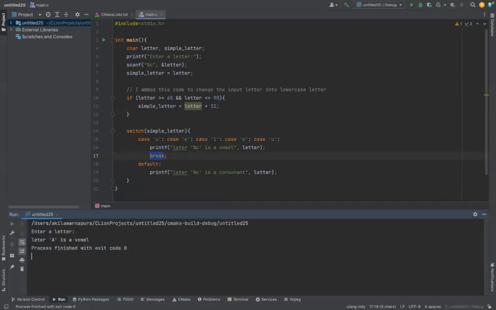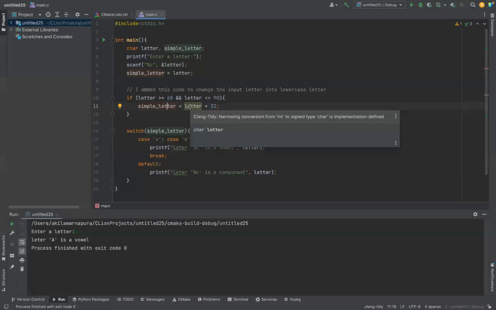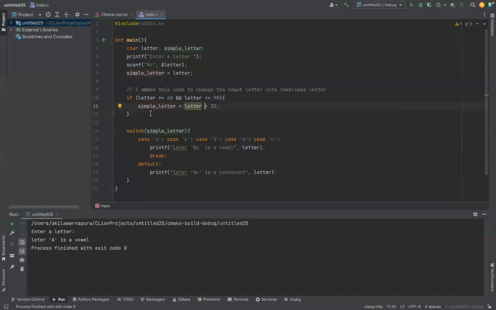Capital A. Capital A is a vowel. What are you going to put if it is a capital? If it is a capital letter, you are going to convert it to the simple, no? If it is a simple letter, doesn't matter, you are taking the simple letter as it is. If it is a capital letter, you are converting into the simple letter and you are checking only the simple cases. Okay, that is also correct.